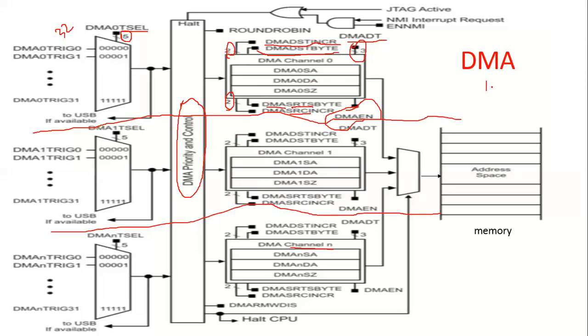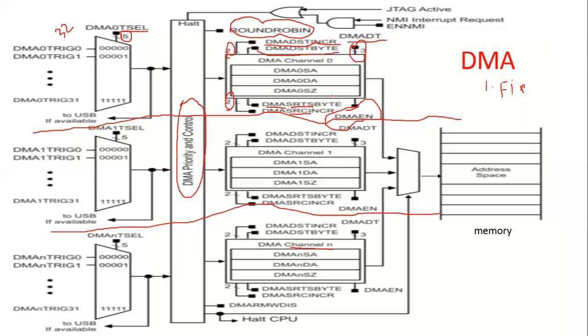One is fixed priority, and the second one is round robin priority. You have to observe here. So either fixed priority or round robin priority.